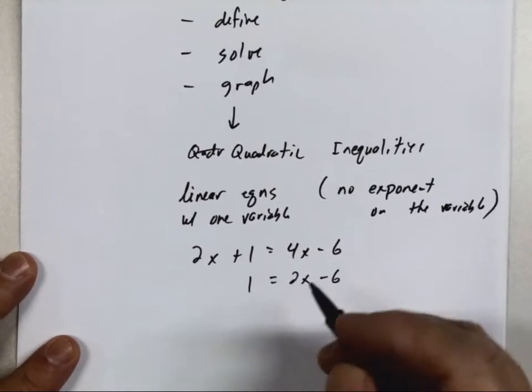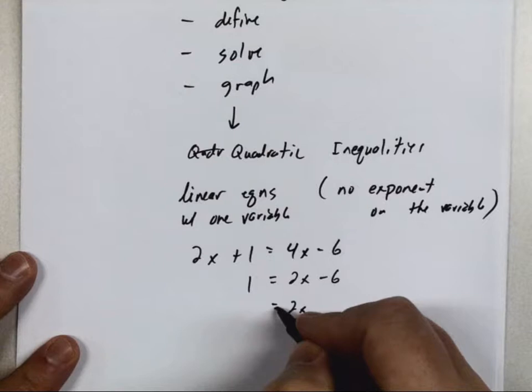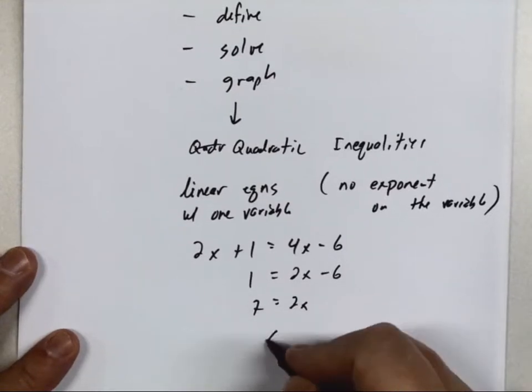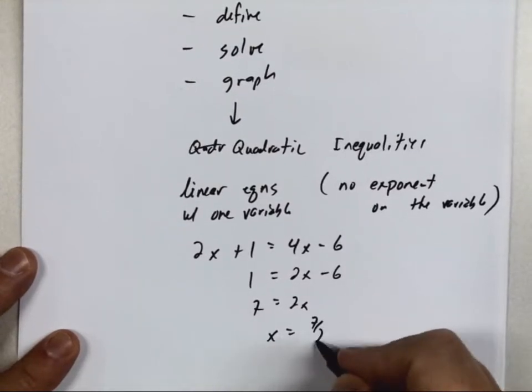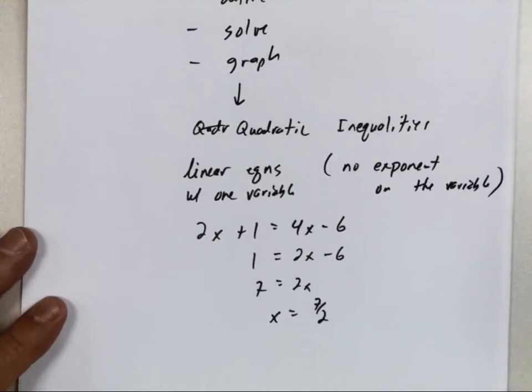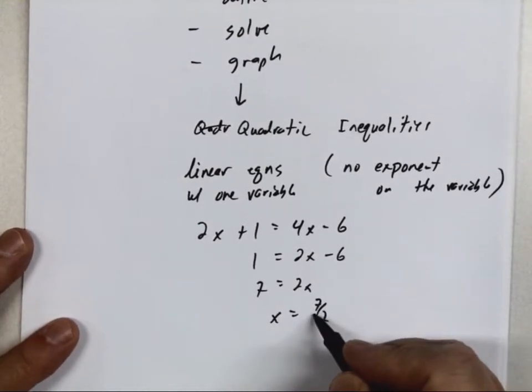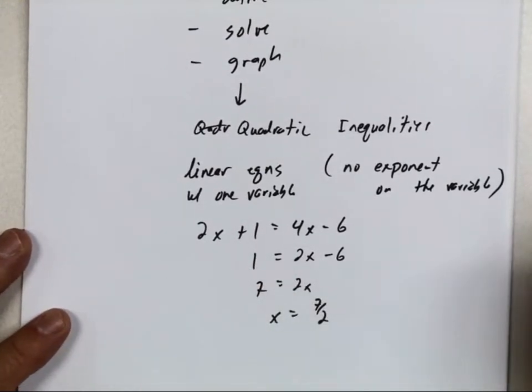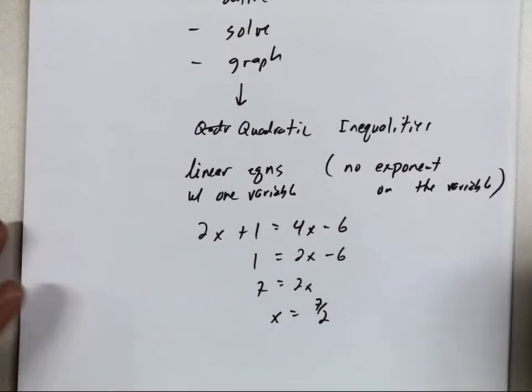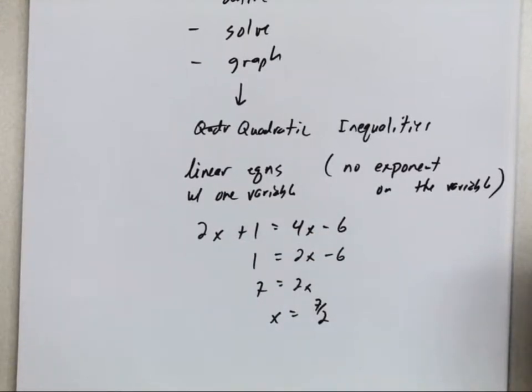And then add 6 to both sides. And then divide by 2. And this should be the solution to the equation. In other words, this is the value of x that if I plug in to the original equation works, makes this equation true. All right, you guys know how to do that pretty much.